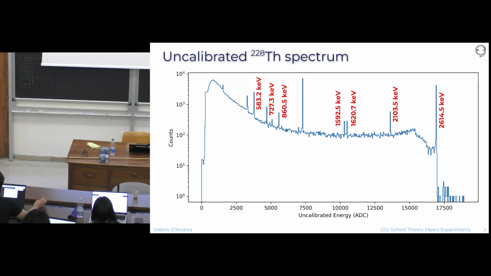So in LEGEND-200, we calibrate using this source, the thorium-228 calibration source, that is decaying. Basically what we do weekly in our detector, we move more than one calibration source close to the detector in order to perform the calibration.